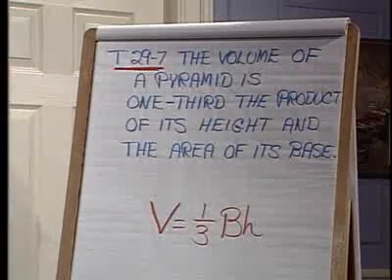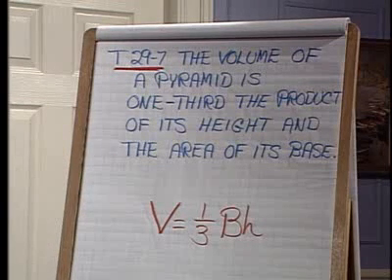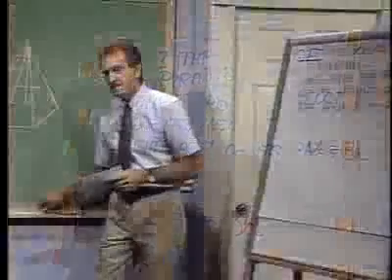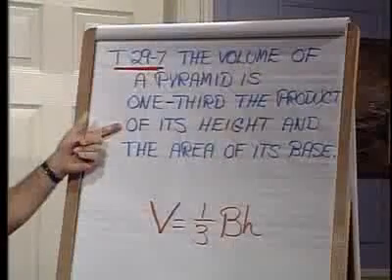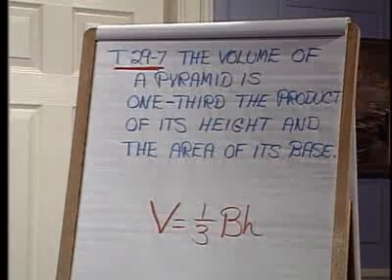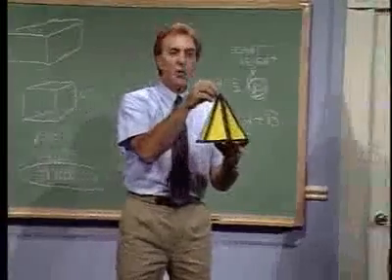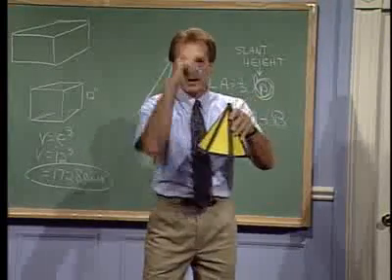The volume of a pyramid is 1/3 the product of its height and the area of its base. That gets back to something I mentioned a while ago. The volume of a pyramid is 1/3 the product of its height and the area of its base. Okay? Let's think about that a minute. The volume of this pyramid is 1/3 of the area of the base times its height.